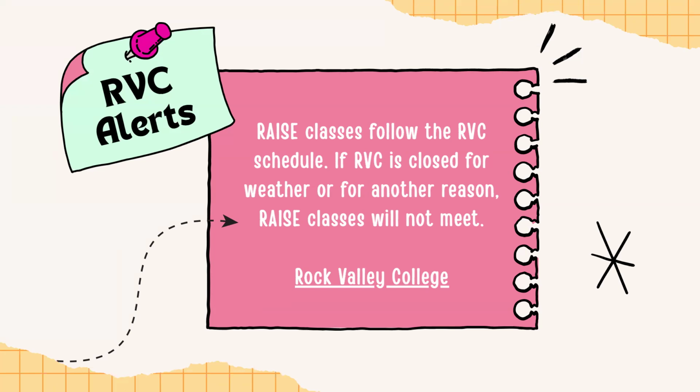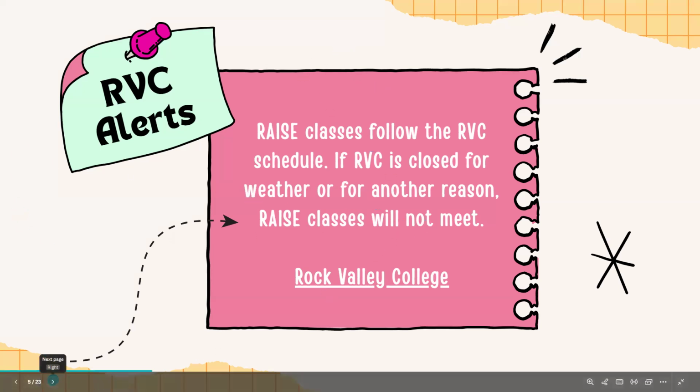That can get a little confusing, not as much this semester, but next semester when there's spring breaks and things happening, and all the school districts might not have the same schedule for that. So we do follow the Rock Valley schedule when it comes to spring break and other days off.